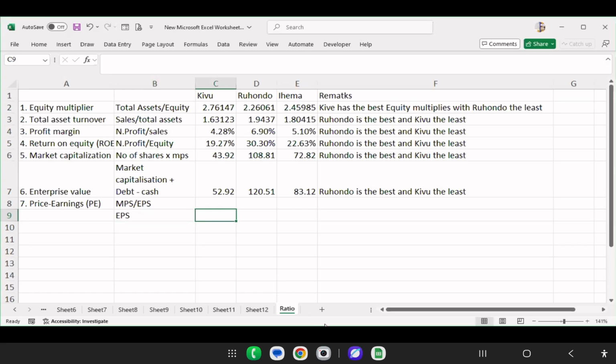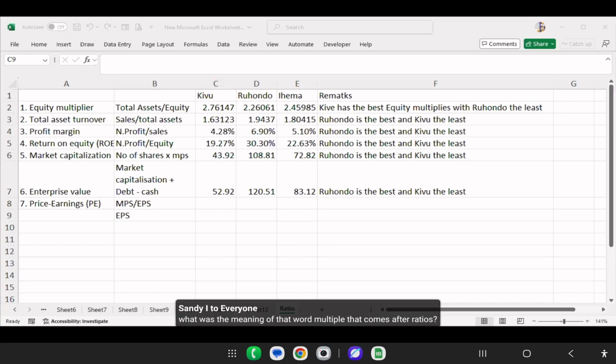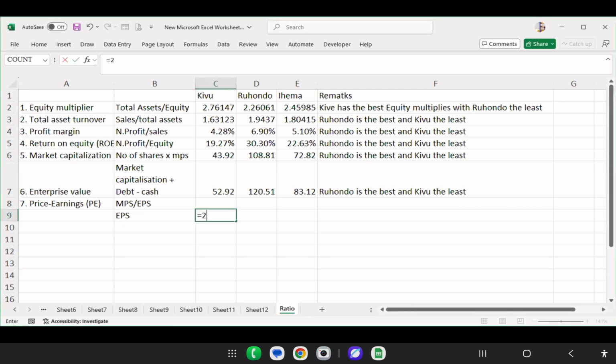Earnings per share is equal to the total earnings, net income, 2.1 over 0.9, equals 2.1 over 0.9. The other one, earnings per share for the second one, is 5 over 1.3.